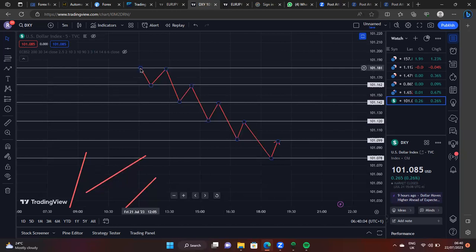Since we have a lower low, lower high, lower low, lower high, you must know for sure that the current high for the downtrend must not be higher than the previous high.